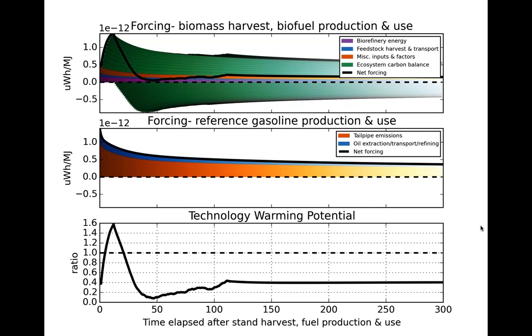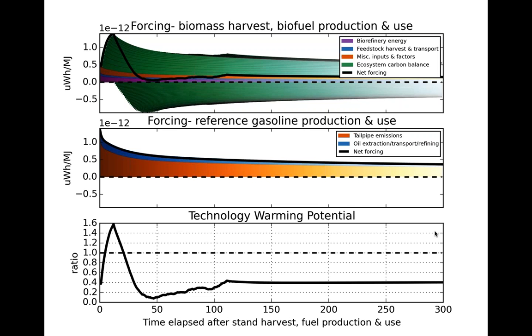Okay, and thank you. And Logan has another question. He says, would it be correct to say your model estimates that after about 20 years, the forest biofuels have roughly 60% less emissions than fossil fuels? Yeah.